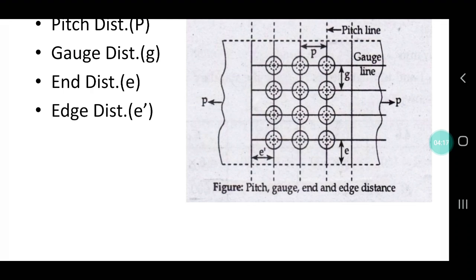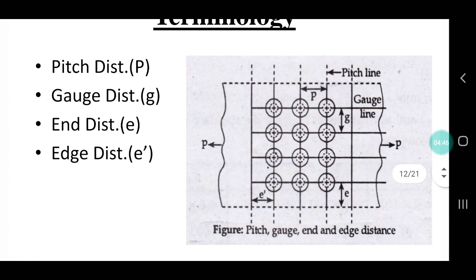Edge distance is the perpendicular distance from the center of bolt to the nearest edge. So end distance is the parallel distance and edge distance is the perpendicular distance.